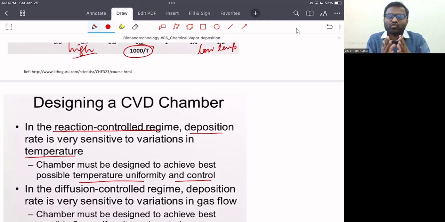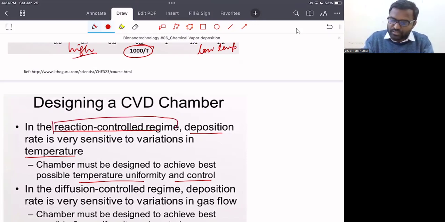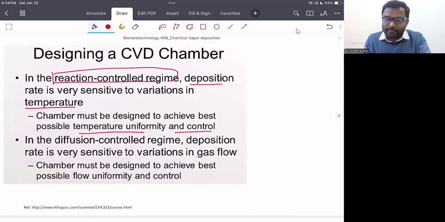If we have control over the temperature and the uniformity, then by controlling these two parameters, we can control the deposition of this material in this particular regime.